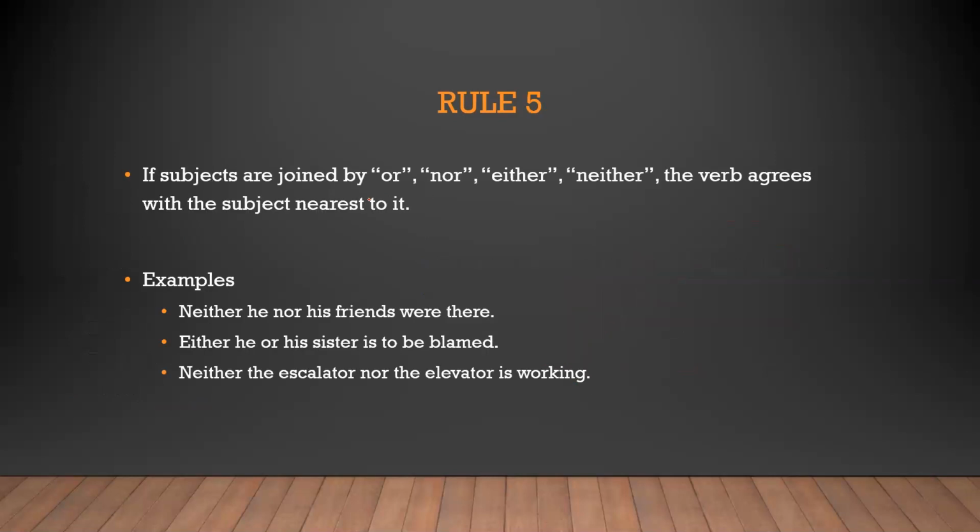Next is, if subjects are joined by or, nor, either, neither, the verb agrees with the subject nearest to it. Just like neither he nor his friends were there. So what is written in the rule is that these words take the verb nearest to it. So here, were there, this is the verb, and friends is plural, so it is taking were.